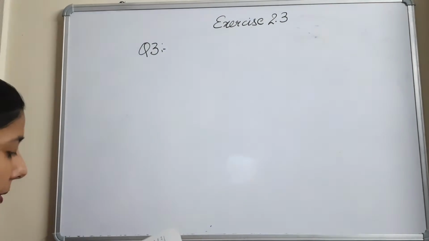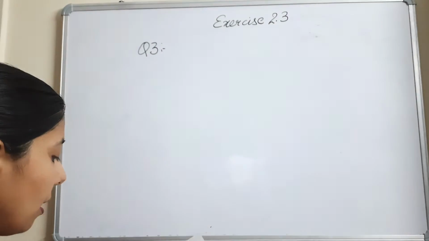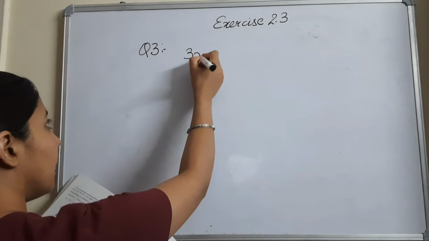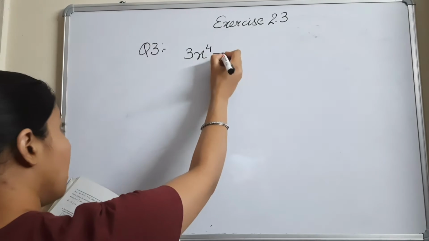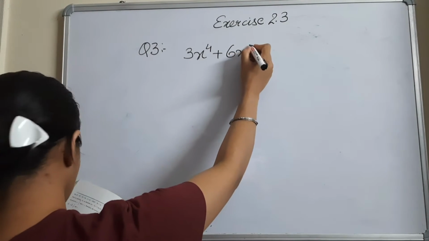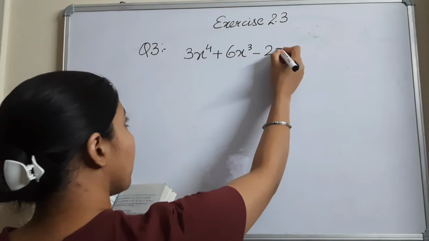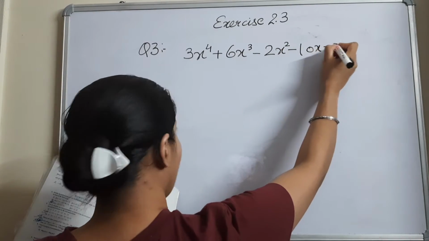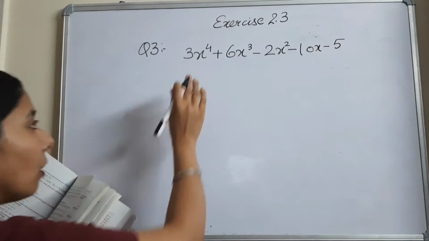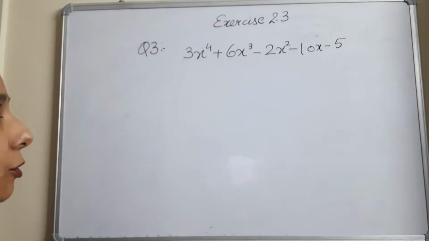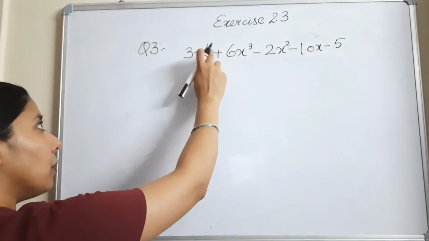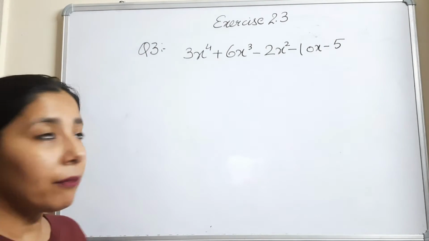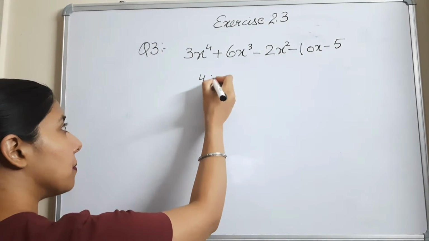So question number 3 says: obtain all the other zeros of the polynomial 3x^4 plus 6x^3 minus 2x^2 minus 10x minus 5. Now this is the polynomial that is given to you. You first check the degree of the polynomial, it is 4, so this polynomial will definitely have 4 zeros.